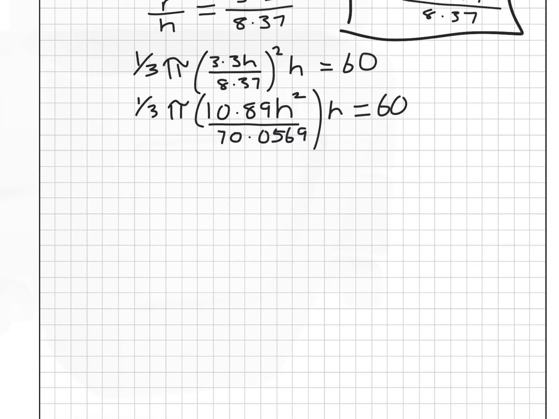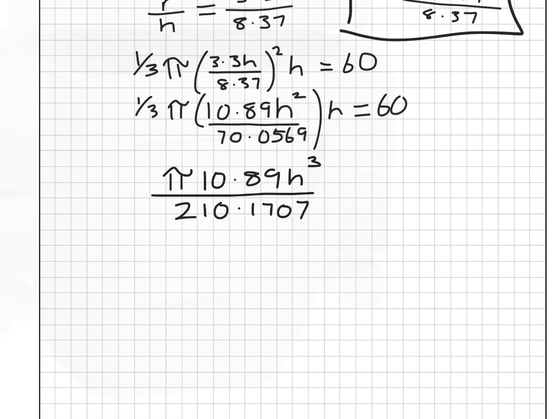Okay, multiplying that out then, I'm going to get pi by 10.89h cubed, and then my bottom is going to be 3 by 70.0569. Let me just pop that into my calculator here. Multiply that by 3, I'm going to get 210.1707, and that's all going to be equal to 60.